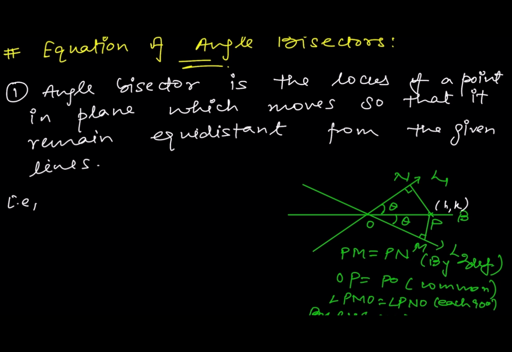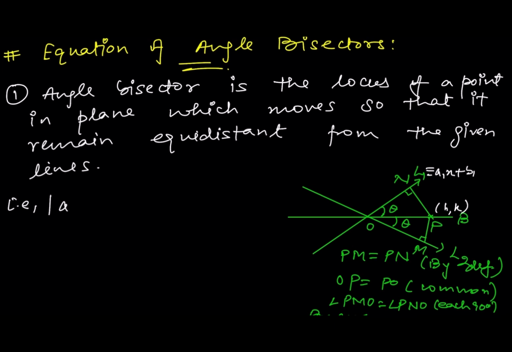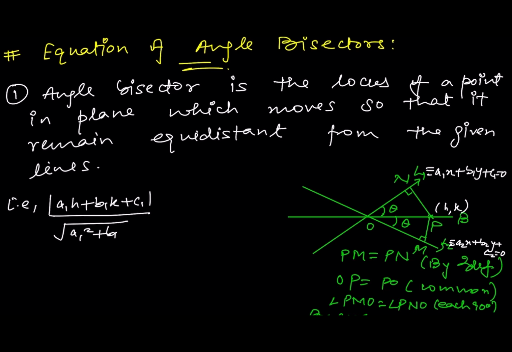So by using the perpendicular distance formula, this will become mod of a1h plus b1k plus c1 on root over a1² plus b1². Say L1 is a1x + b1y + c1 = 0, and this L2 is a2x + b2y + c2 = 0. So |a1h + b1k + c1|/√(a1² + b1²) is equal to |a2h + b2k + c2|/√(a2² + b2²).